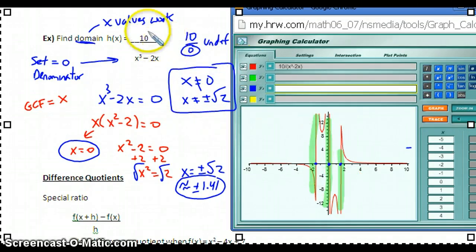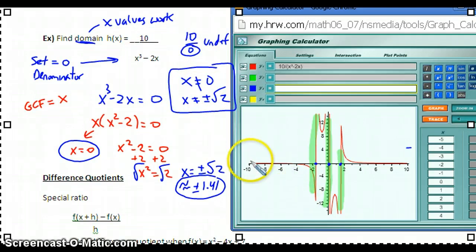Whenever you have a rational expression like this, you want to make sure that you understand that the denominator cannot be equal to 0, because this is where the graph does not exist. So set your denominator equal to 0, and that's going to give you the x values that will not work for this graph.